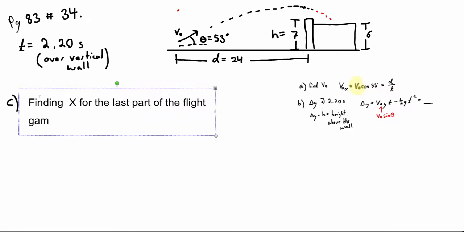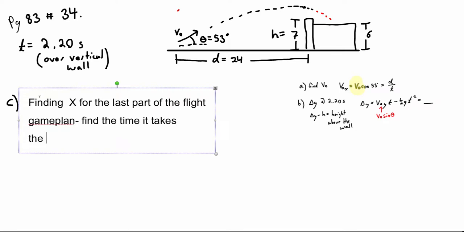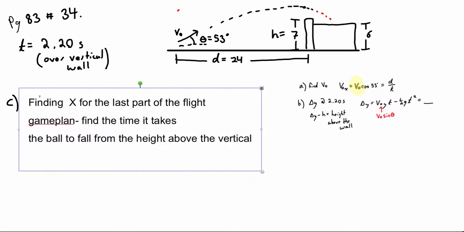So my game plan is to find the height, or find the time it takes the ball to fall from the height above the vertical to, and here, we're finding the time it takes for it to fall from this height above the wall to the 6 feet.